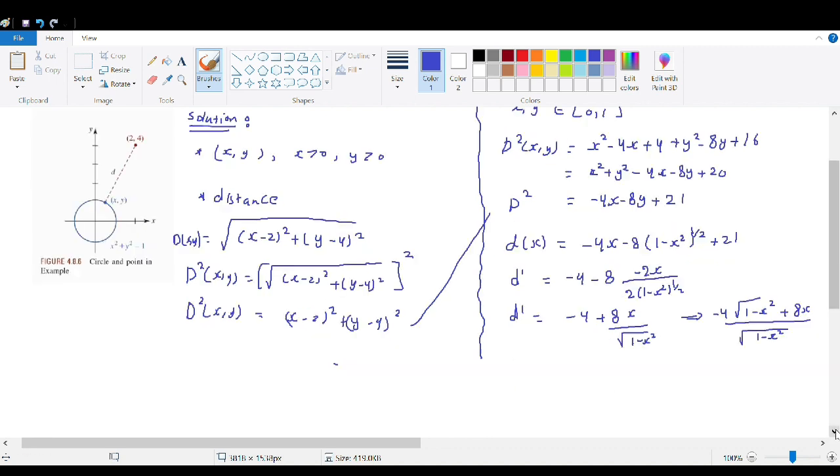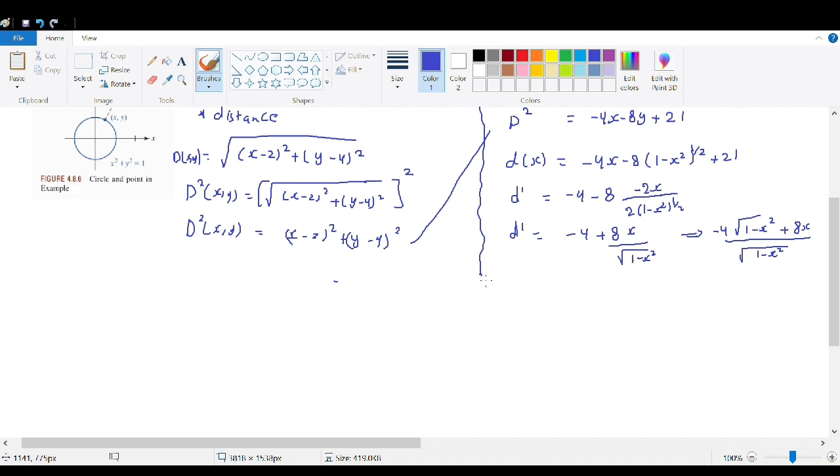To find where the derivative is equal to 0, so d prime is equal to 0, that means minus 4 root of 1 minus x squared plus 8x will be equal to 0. So that means the root of 1 minus x squared will be equal to minus 8x divided by minus 4, which will give us 2x.